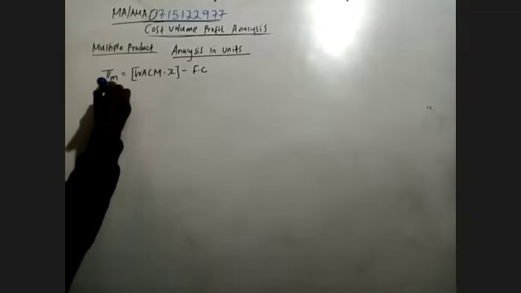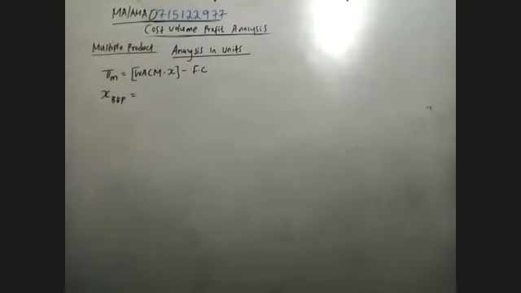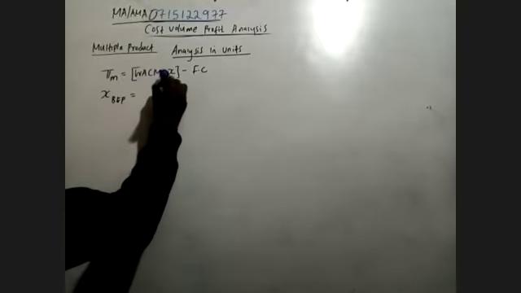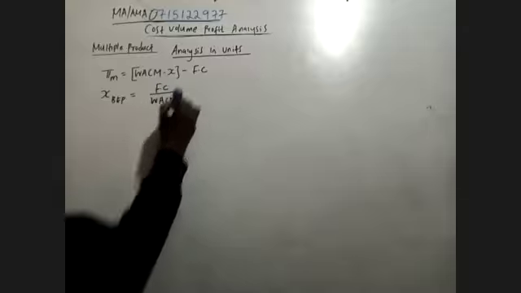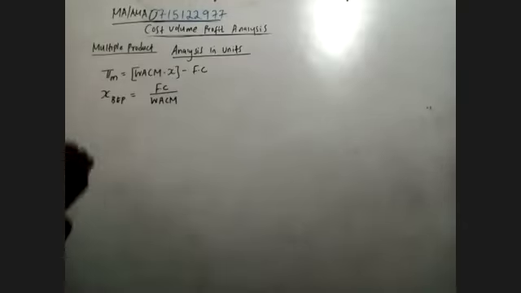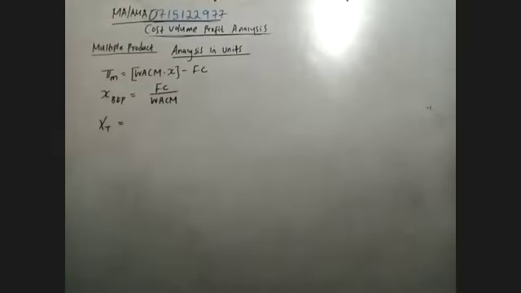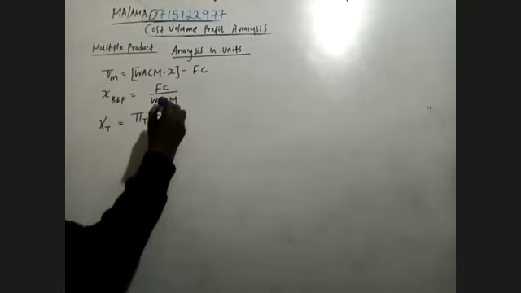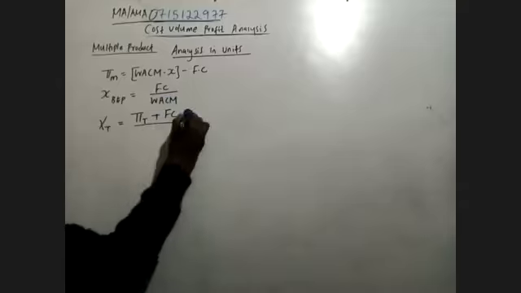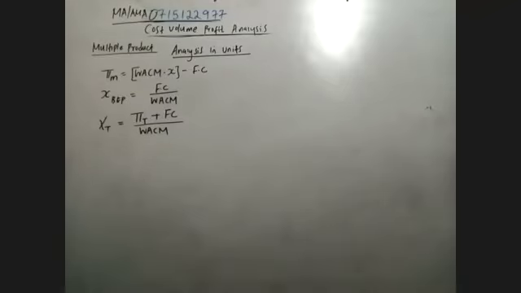Now, units at break even. So X break even, we know it is fixed cost divided by the weighted average contribution margin. Targeted units is equal to targeted profit plus fixed cost, divided by the weighted average contribution margin.